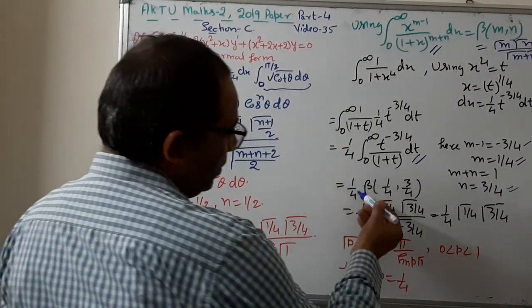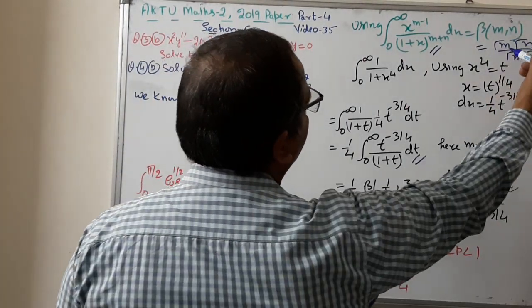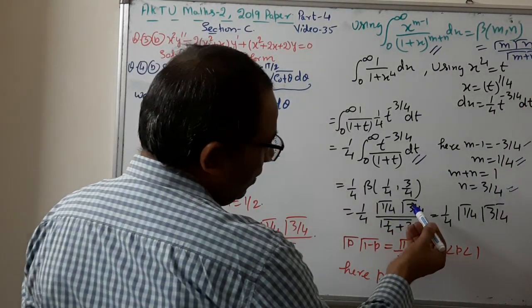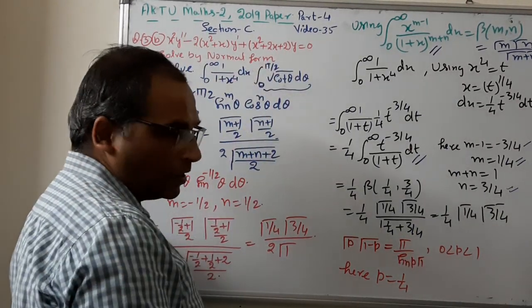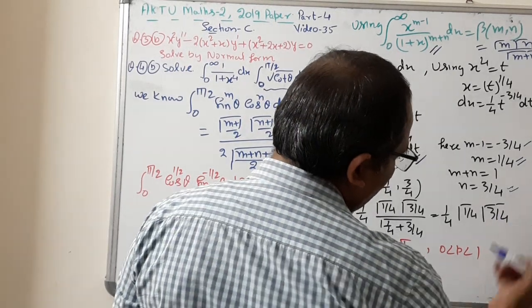We get the value as 1 by 4 beta of 1 by 4 and 3 by 4, and the value of beta is gamma m gamma n upon gamma of m plus n. That is 1 by 4, gamma 1 by 4, gamma 3 by 4 upon gamma of 1 by 4 plus 3 by 4. That is equal to 1 by 4, gamma of 1 by 4 into gamma of 3 by 4.